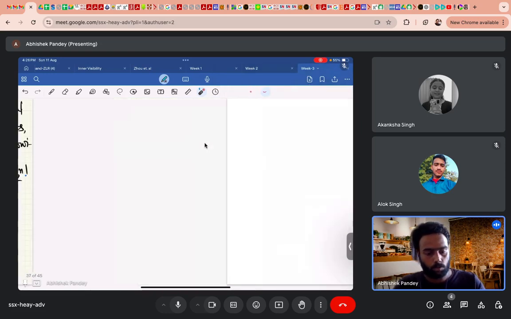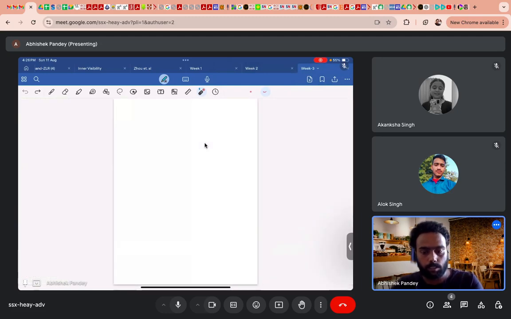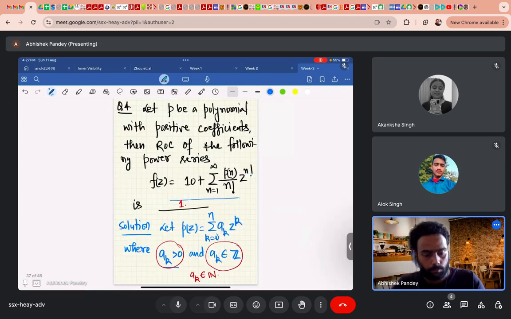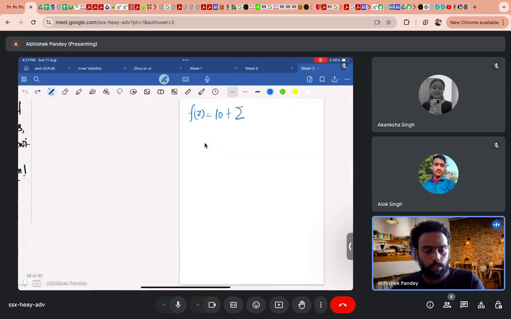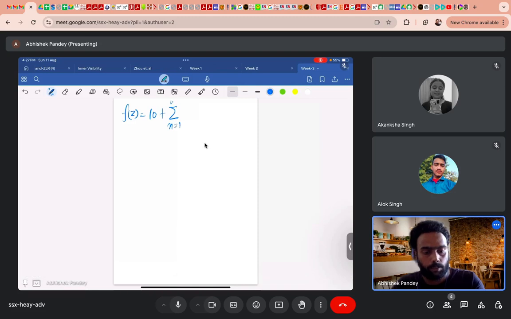So this f(z) is nothing but 10 plus summation n equals 1 to infinity p(n) upon n factorial times z to the power n. So if you just see this one, if you take n equals 1, what will be this one? It will be p(1) into z.